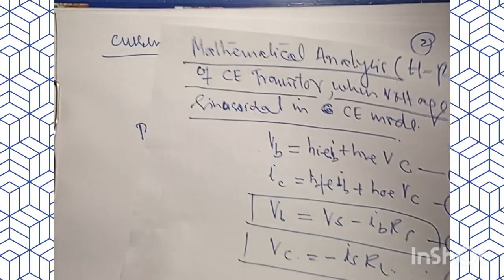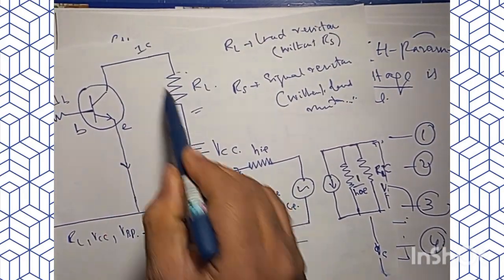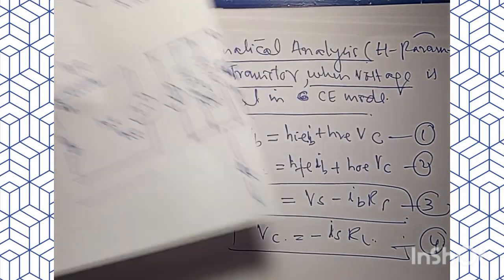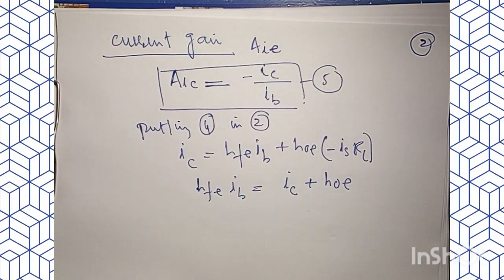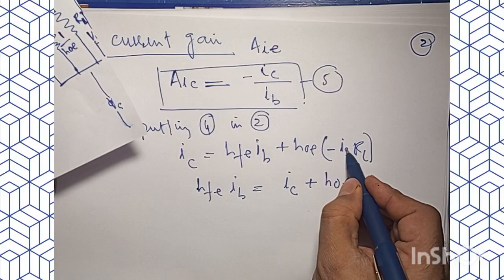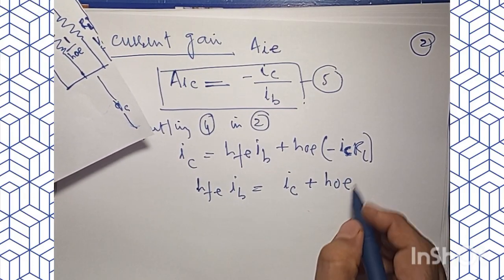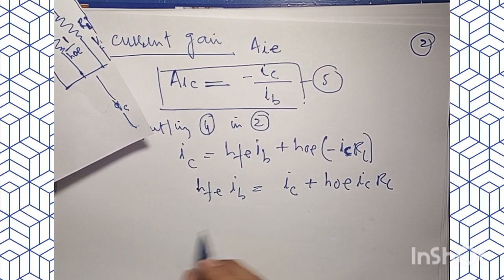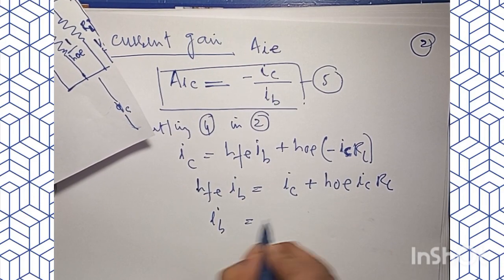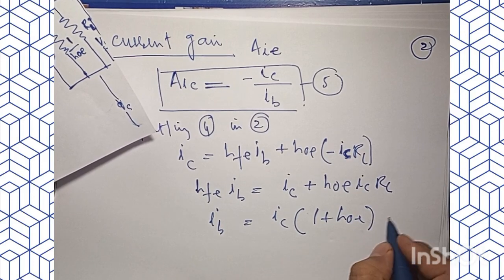When I use KVL in this output circuit, here I will have IC. This is a mistake, so take it away from here. Here it is IC. This was confusing because I wanted to get IB alone. So this is IC here, and then we have RL. This IB will be, IC will be out. So this is 1 plus HOE.